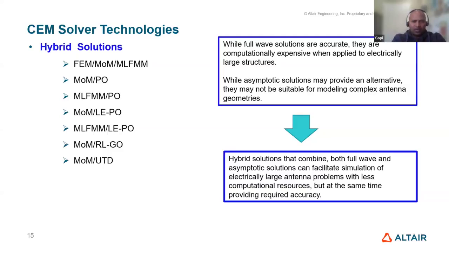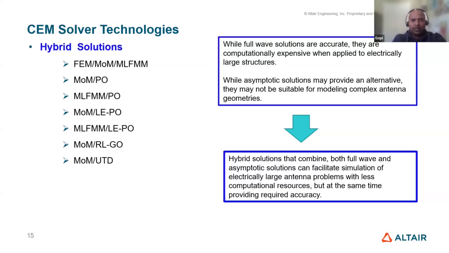Okay, so what that hybridization brings to the table is, especially when using these asymptotic solvers, the source part or the primary antenna part can be treated with method of moments or MLFMM, depending on the size of the source part. And the rest of the geometry, which would be electrically large, can be treated with one of the asymptotic solvers.